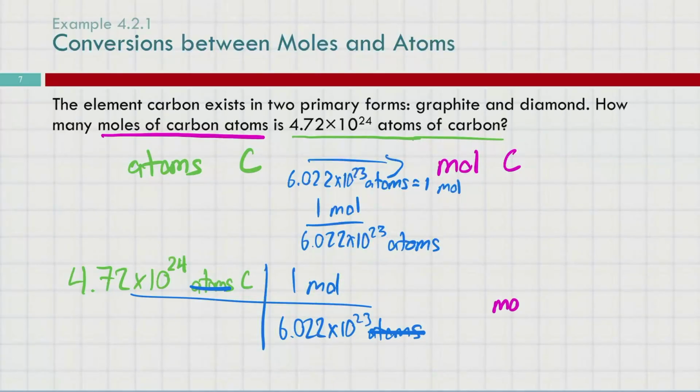So our units, moles, carbon. So 4.72, dolphin noise key, 24, divided by 6.022, dolphin noise key, 23, 7.84, after we round it for 3 significant figures, moles carbon.